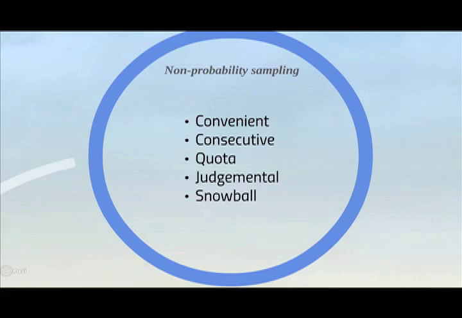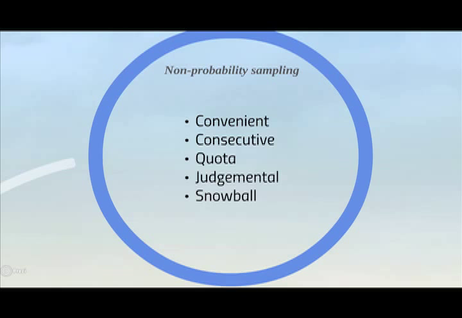Convenient, consecutive, quota, judgmental, and snowball are the 5 types of non-probability sampling. Convenient is the easiest because the researcher can select the samples and subjects based on how easily accessible they are to them. Consecutive is just as easy as convenient, but a little bit more because the researcher is going to use all of the accessible resources that he has. Quota, the researcher is going to use equal or proportionate representation of all parts of the research.